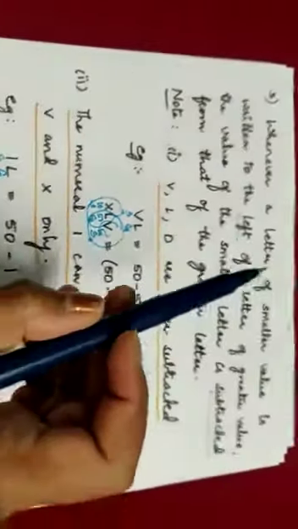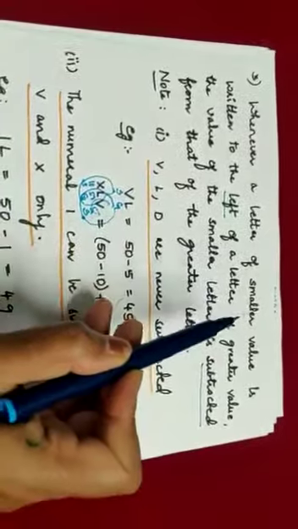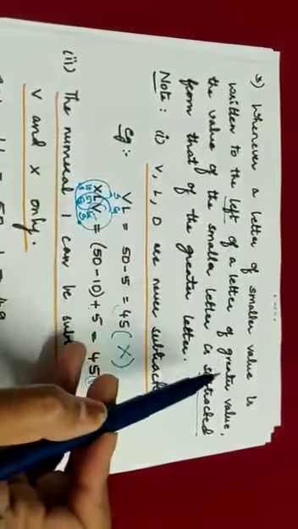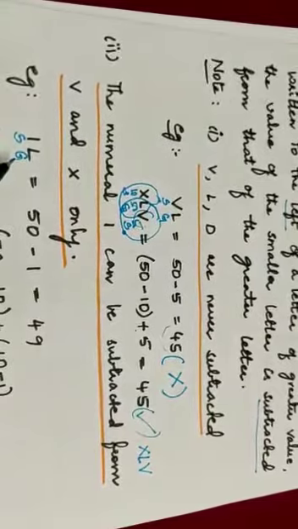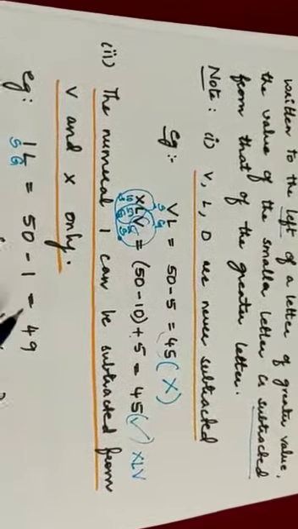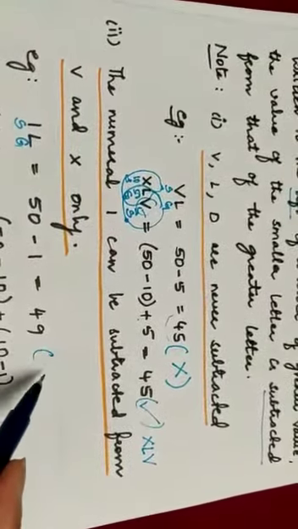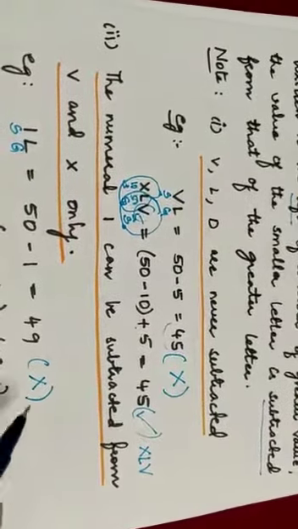According to rule 3, if the smaller value is on the left side, you can perform subtraction. Yes, the greater value is on the right side of the smaller. We can do subtraction: 50 minus 1, 49. Is it correct, children? No, it is not correct.